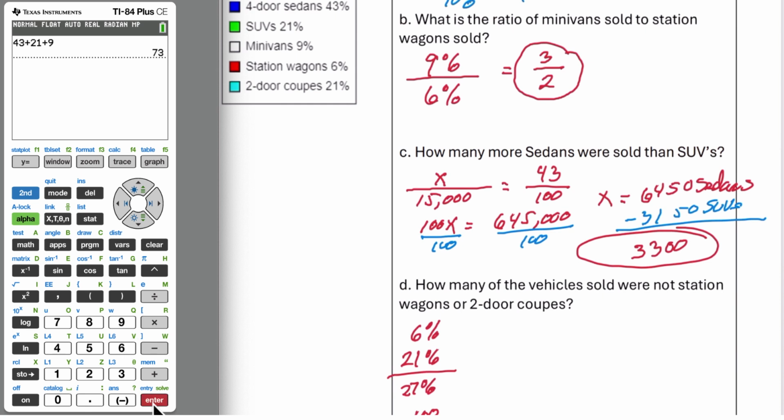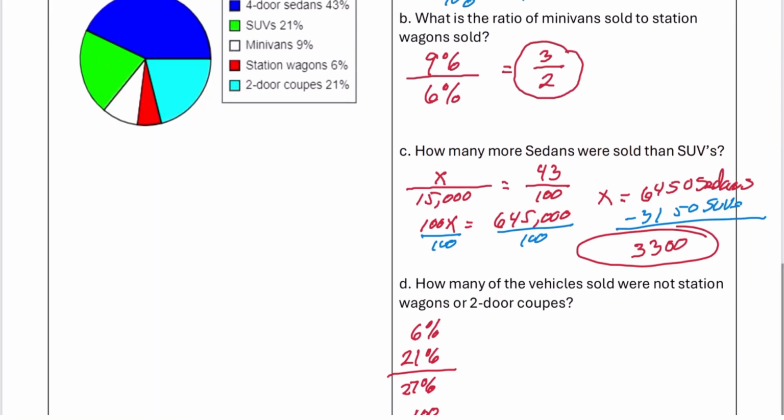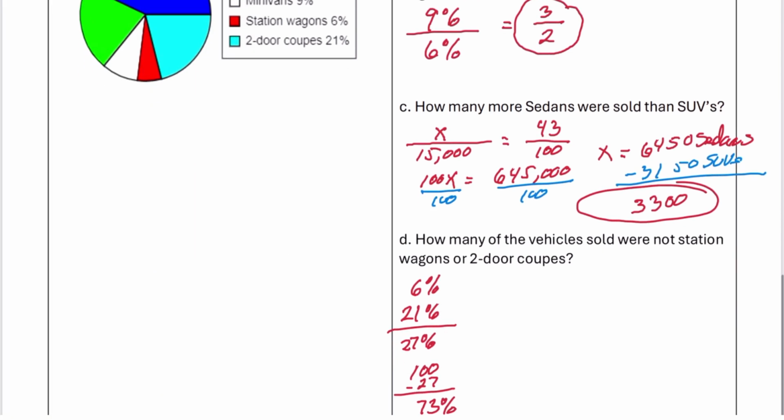This gives us 73, or 73%. But it's asking for not the percentage, but for the actual number of vehicles. So again, we'll use a proportion. The unknown amount divided by the base, which is the total, 15,000, is equal to the percent, 73, divided by 100.